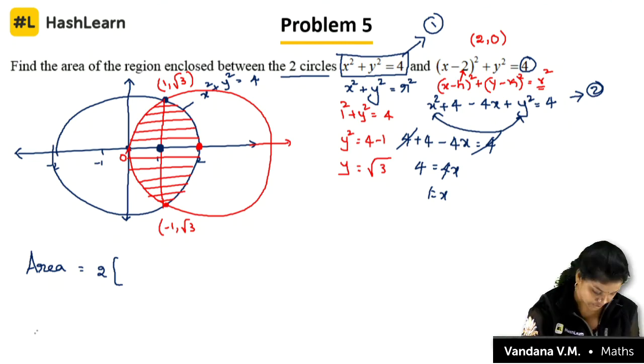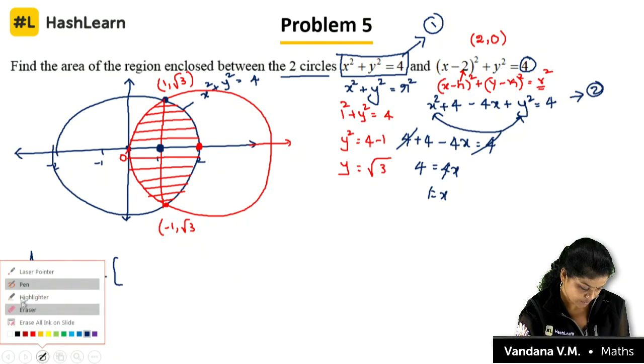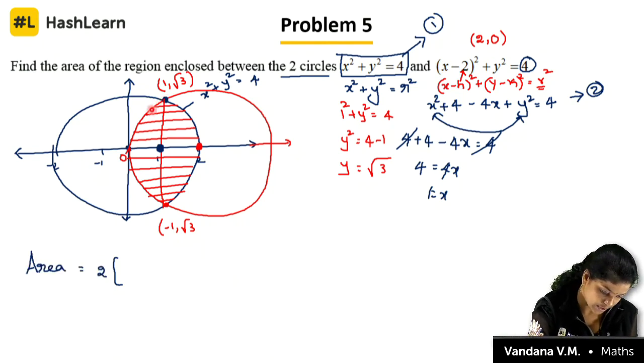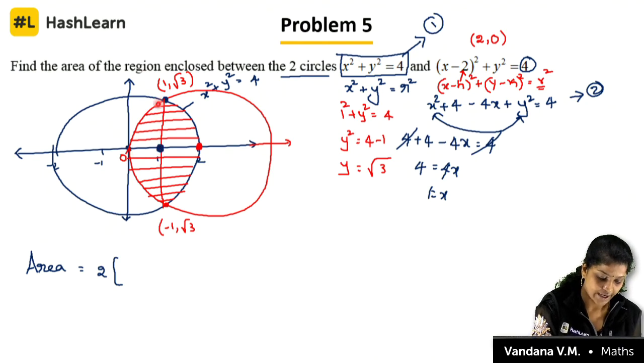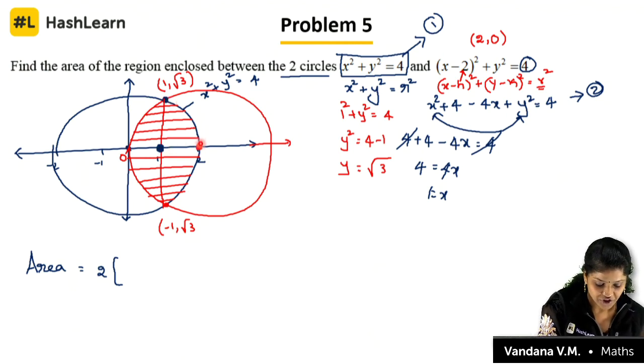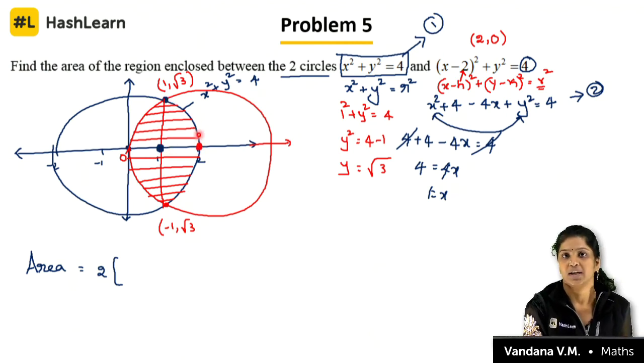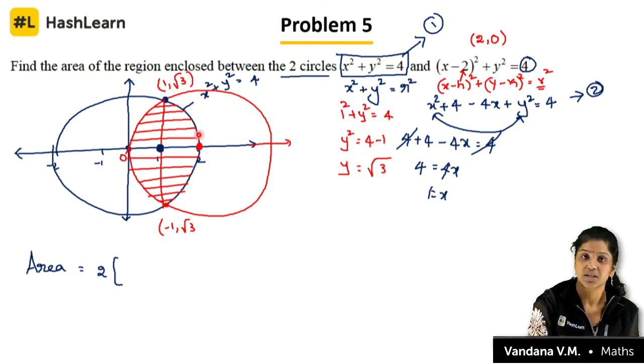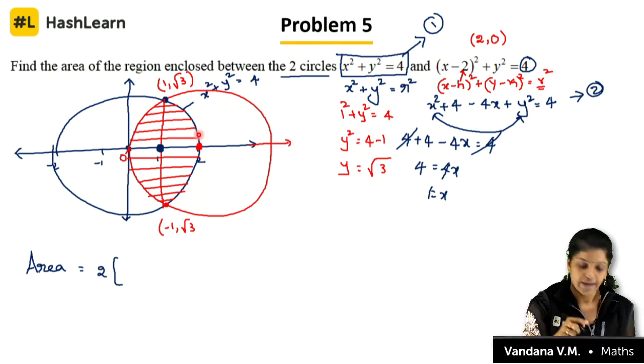Here I am talking about this red line. From 0 to 1, the area is bounded with this red line. From 1 to 2, the curve which is making this blue color line, because blue means it is circle, x square plus y square is equal to 4.